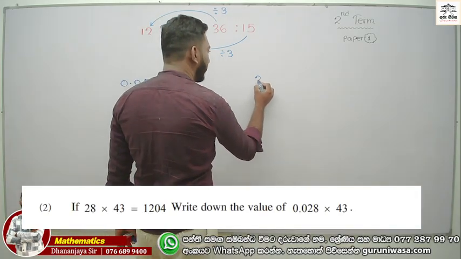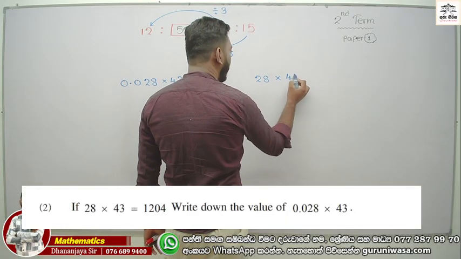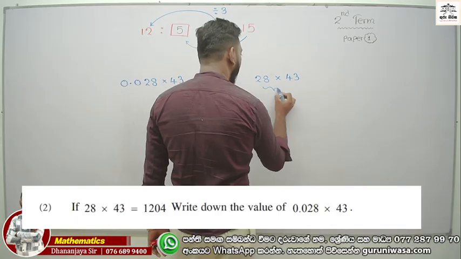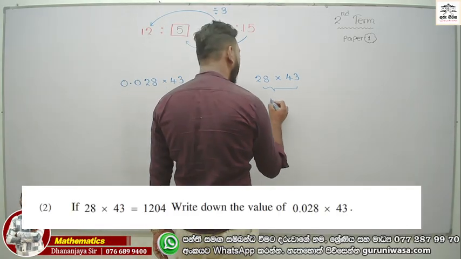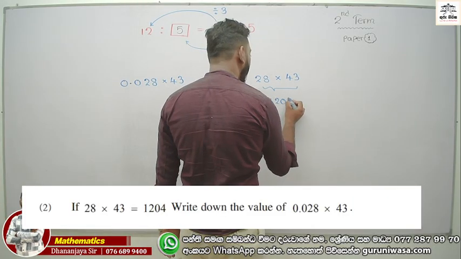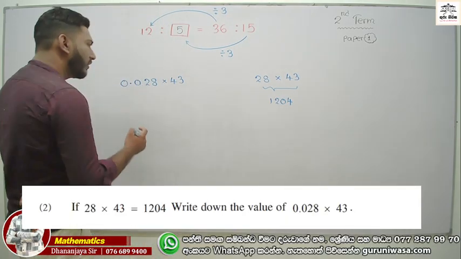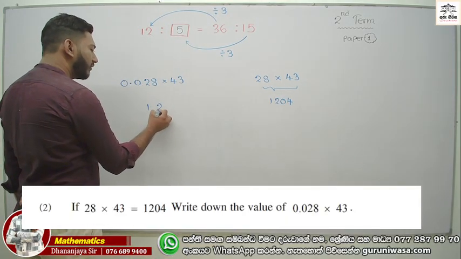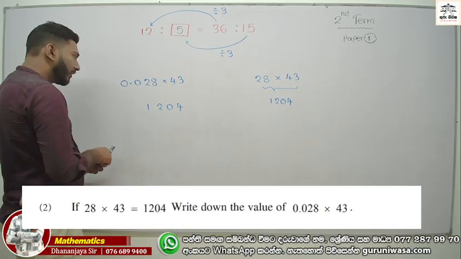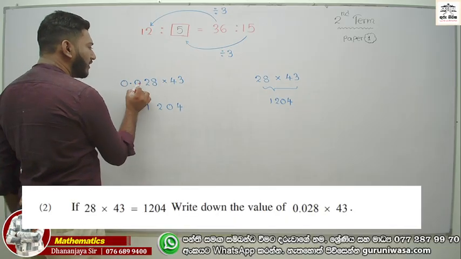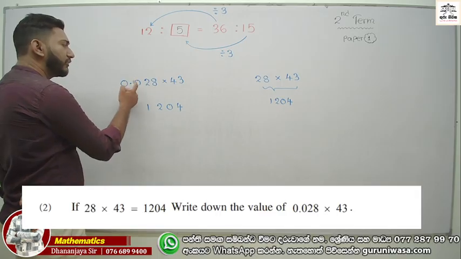Therefore, the method is we should multiply 28 by 43. Our question said 28 times 43 becomes 1204. No need to multiply. The answer is given. Therefore, answer is 1204. But look at this. After the decimal point, how many decimal places are there?